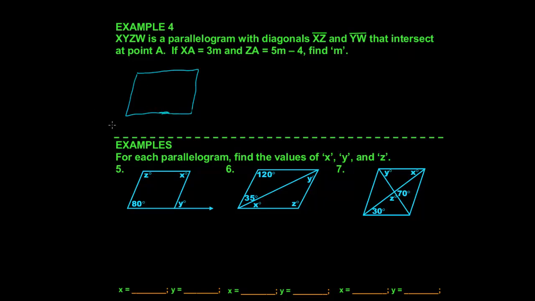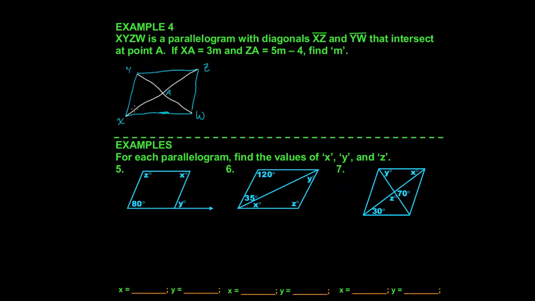We've got X, Y, Z, and W. They have diagonals. So, here's two diagonals roughly drawn in here. They intersect at point A. So, there's a point A right here.